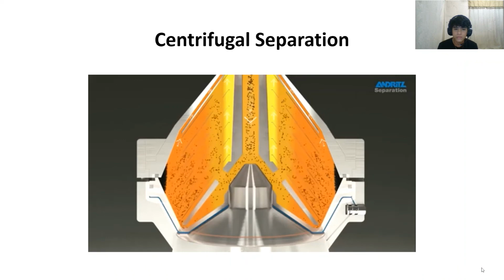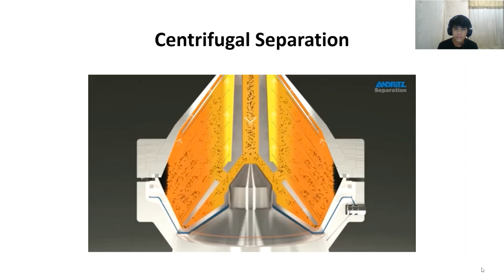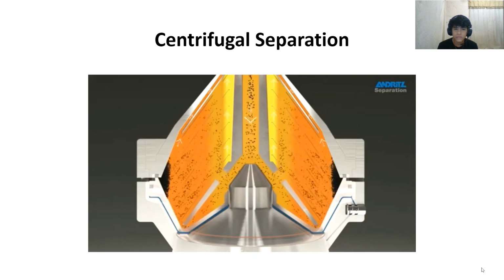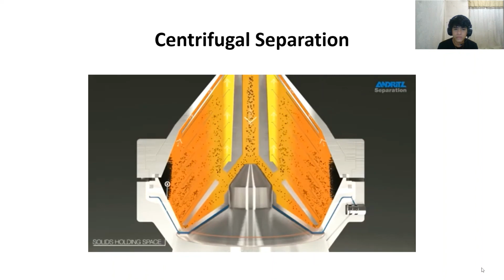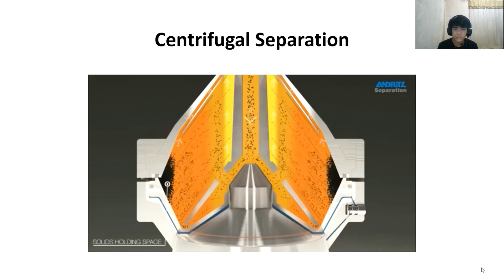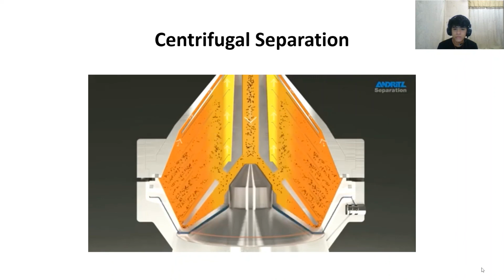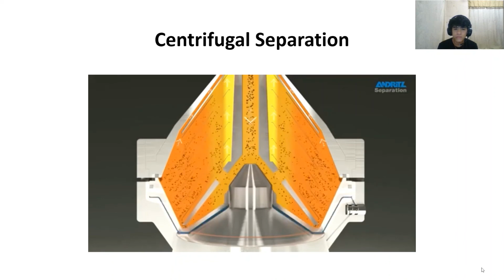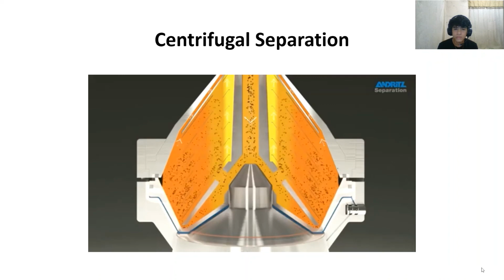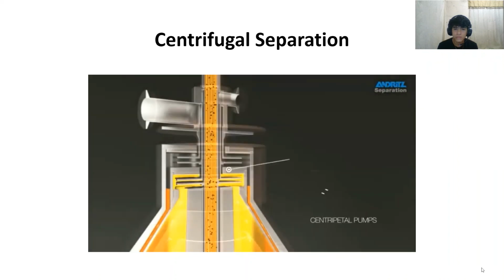Any solid particles are forced towards the outer part of the bowl by the same centrifugal force, accumulating in the solids holding space, and are discharged automatically in very precise shots at regular preset intervals. Both the light and heavy phases rise along their respective paths and reach the centripetal pumps.